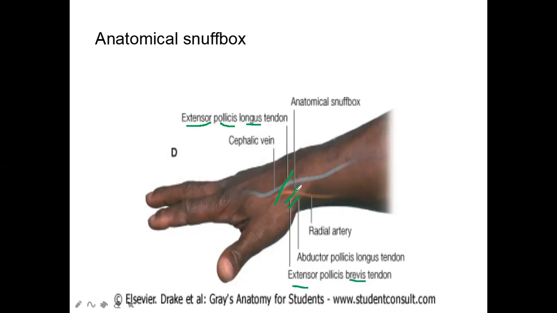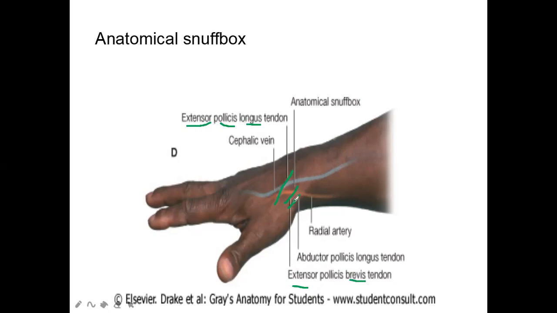Since it is short, it needs a friend. The friend here is the abductor pollicis longus. The abductor pollicis brevis is a small muscle of the hand, so we don't expect it there. So we've got two longus and one brevis, two extensors and one abductor.